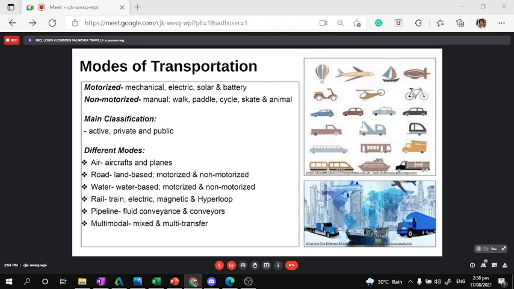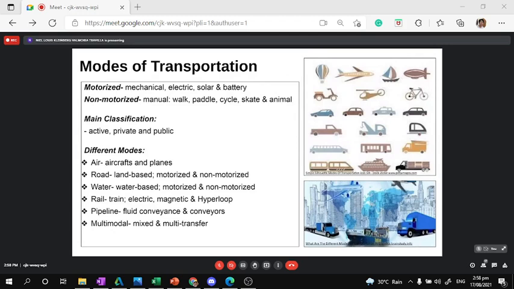Motorized can be mechanical, so there is a machine with an engine. The engine will be fed by fuel, either gas or diesel. Now, the other is electric. So, it's fed by a battery or a solar energy.